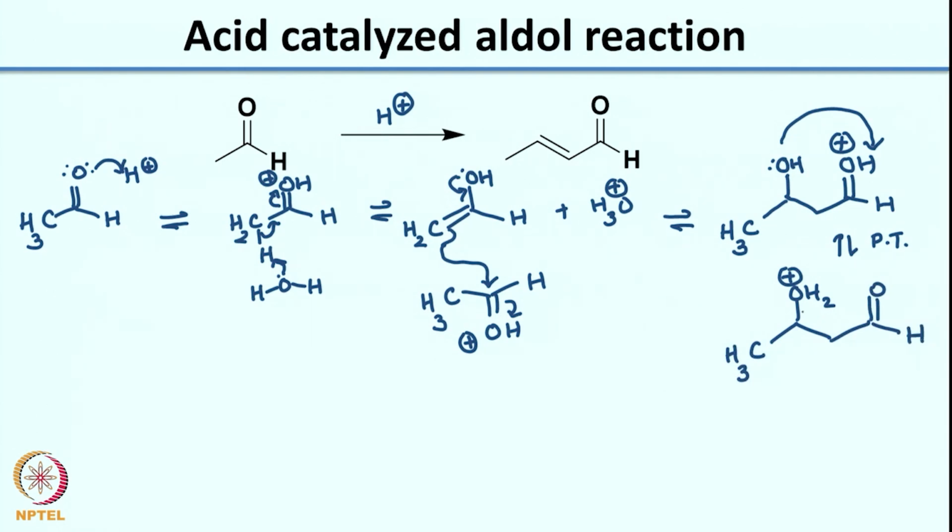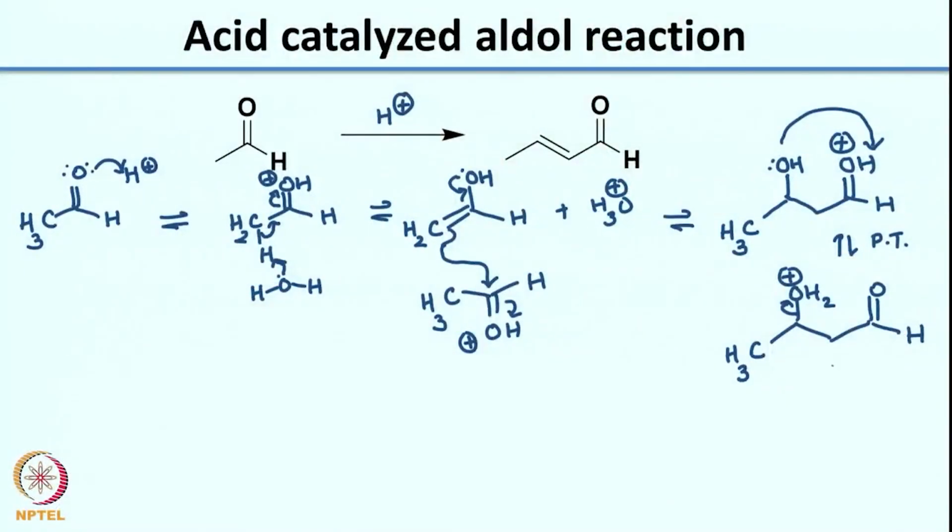Now what I would like you to do is again look from the beginning to the end and see in every step what was the source and what was the sink. The next step would be generation of this carbocation.